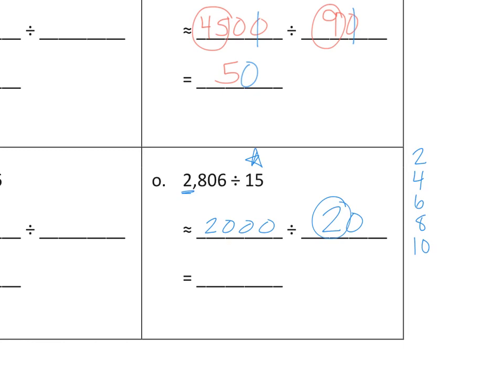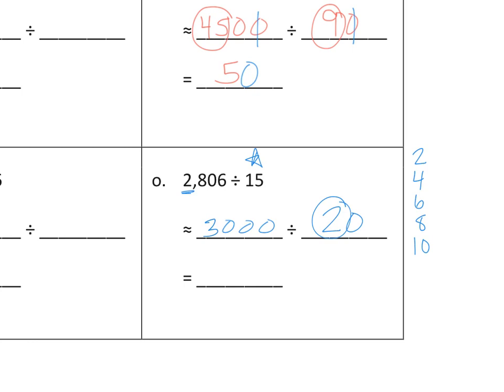Let's do this. 2,806 is really closer to 3,000 than it is to 2,000. So I'm going to erase that 2,000 because I think we can actually use some mental math. Let's think about this first.